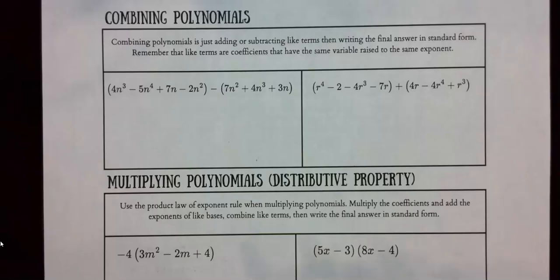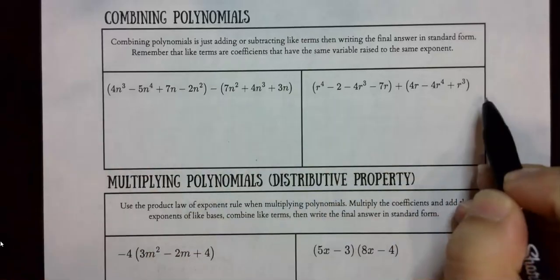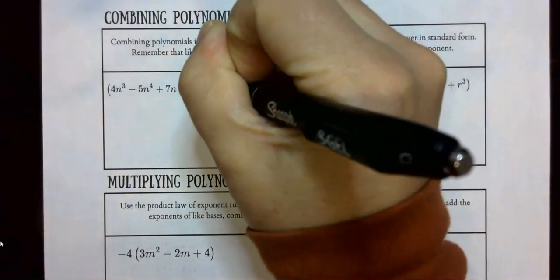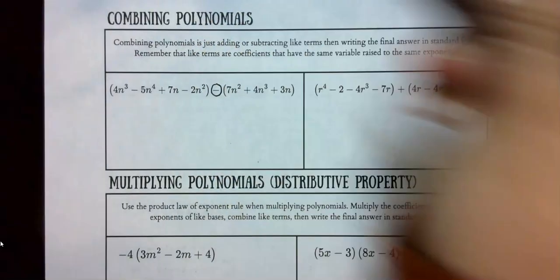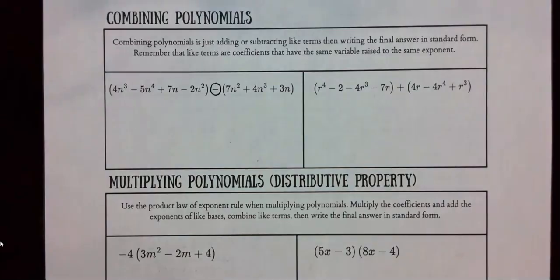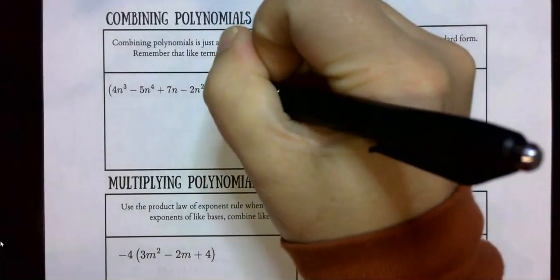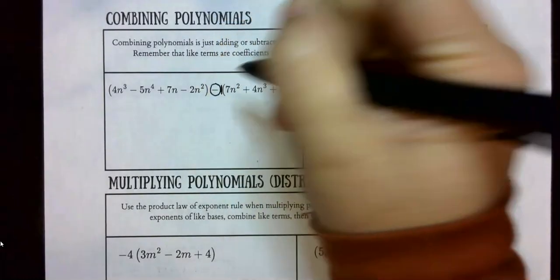So the first thing you're going to do when you're looking at a polynomial is to look in the middle. So notice that this one has a minus sign. When you see a minus sign in the middle, we are going to distribute the negative to the second parentheses. So pretend for a second that there's a negative 1 here.